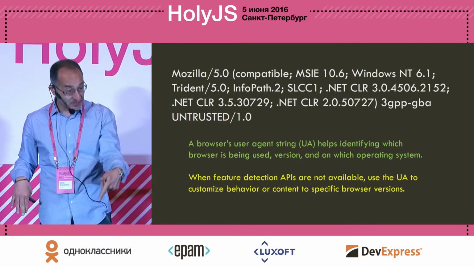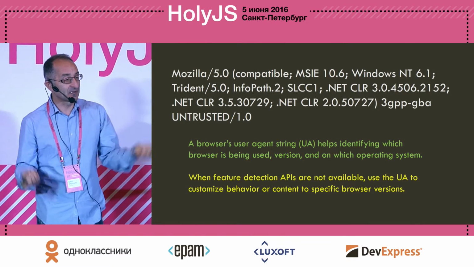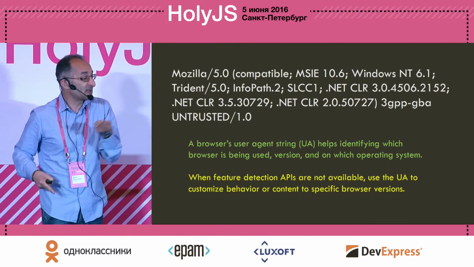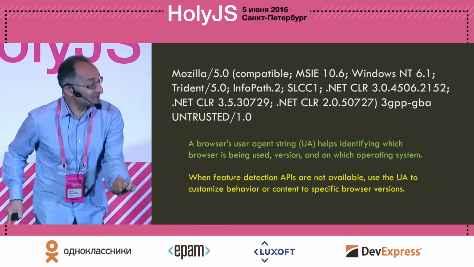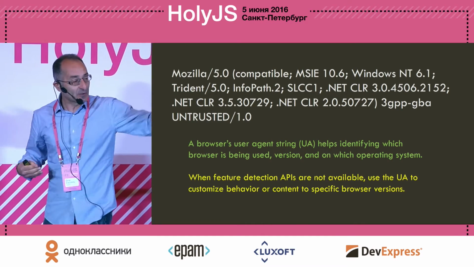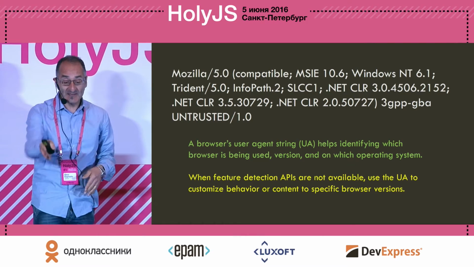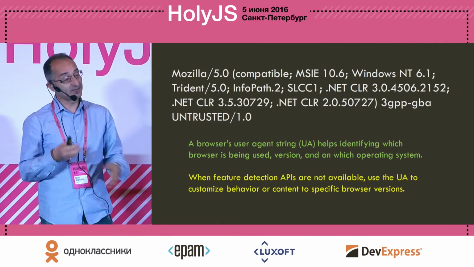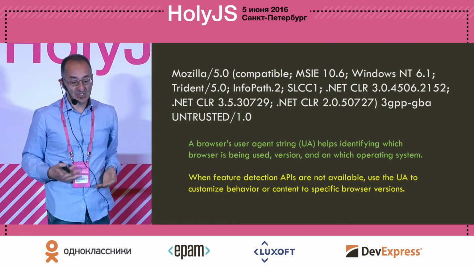Trident has, in this particular case, to do with the rendering engine used by the browser, which means that it could be a different string, not necessarily in the same position within the overall buffer, to identify the rendering engine of other browsers. In this case, again, it is Internet Explorer. Then something else that, in this particular case, identifies the operating system, or specifically the CLR, the virtual machine, being used.